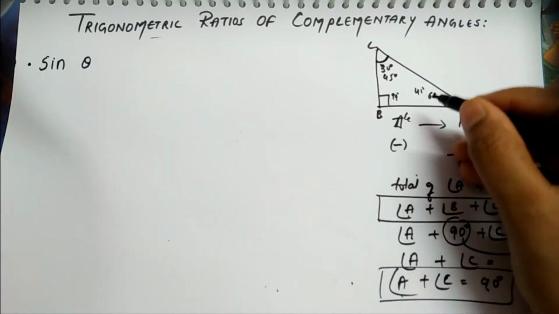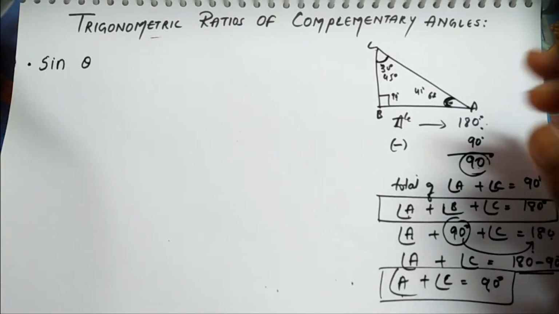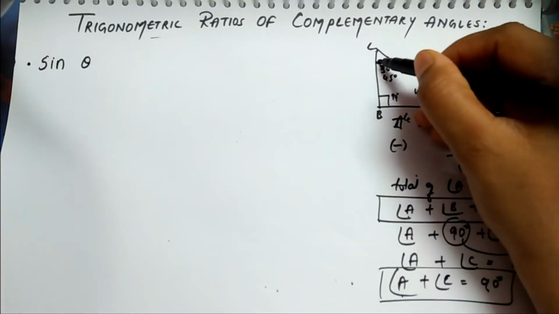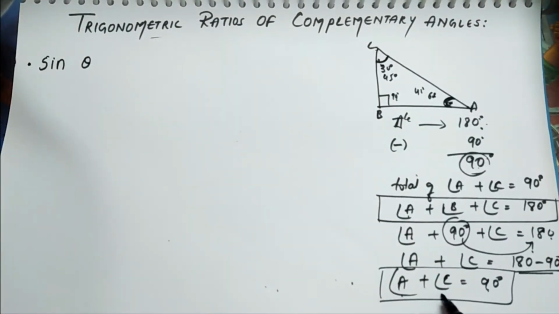If we are taking the point of view of angle A, then angle C is the complementary angle for angle A, right? If we are seeing from the point of view of angle C, angle A is the complementary angle of angle C. It's very simple. Since we know that angle A plus angle C is 90 degrees, we are dealing with the same formulas.